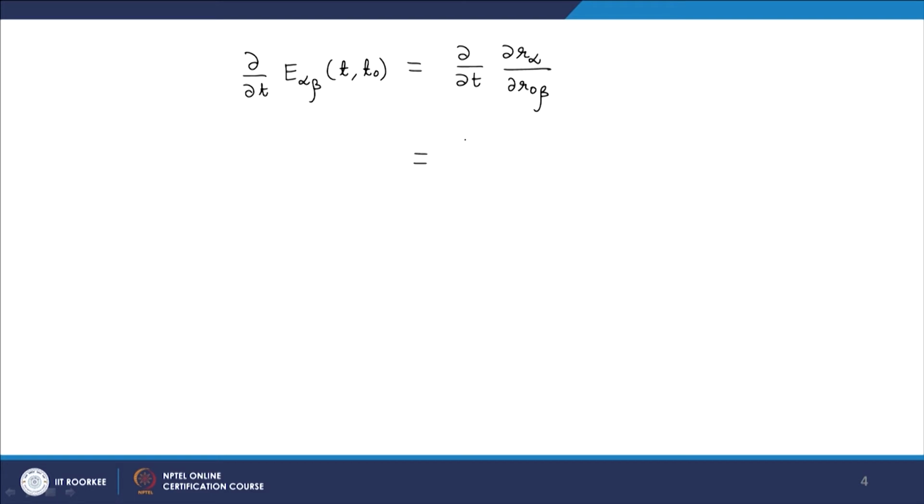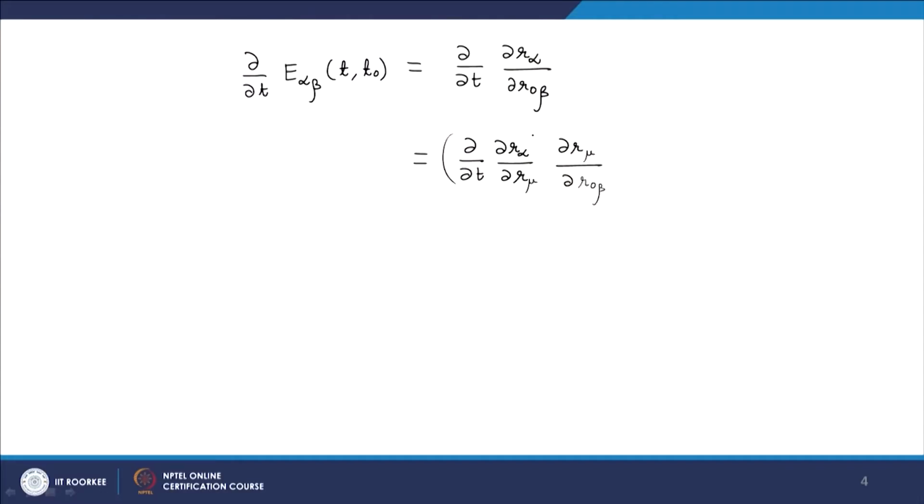So, I can write this as dou by dou t of dou r alpha by dou r mu multiplied by dou r mu by dou r naught beta, where I have put in a new index mu. The dummy index, if you recall, means that we will sum over all possible values of mu, that is 1, 2, 3 in Cartesian coordinates in 3 dimensions.